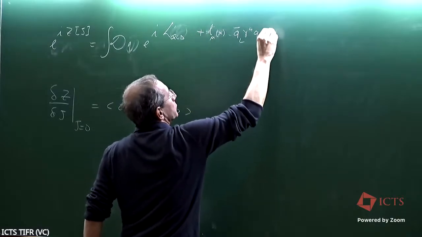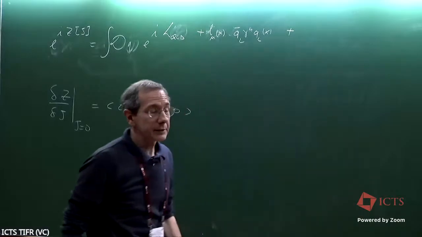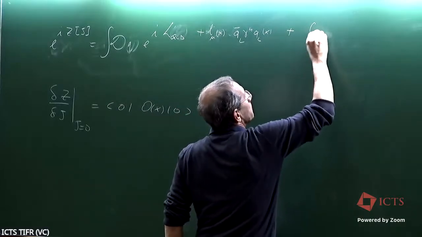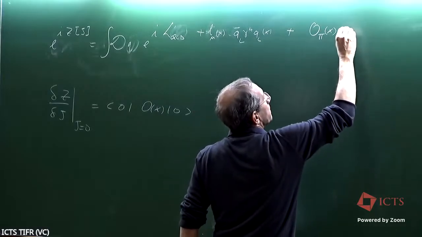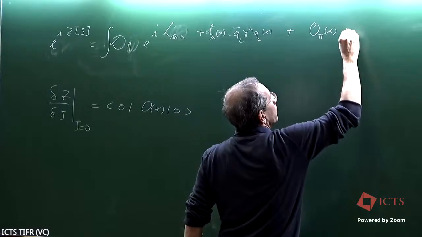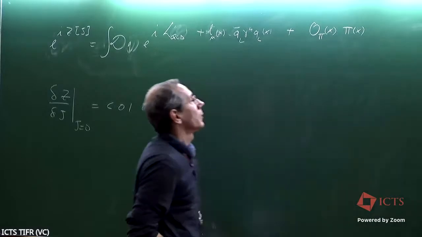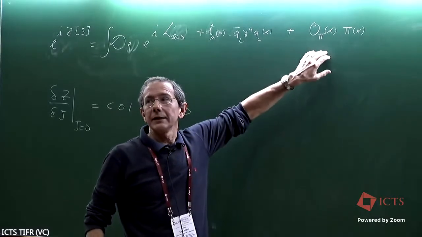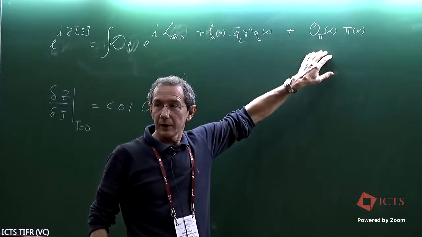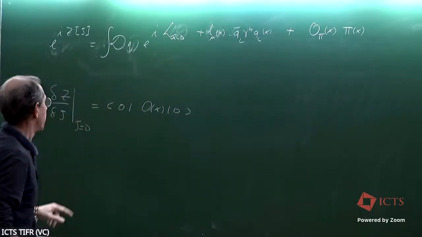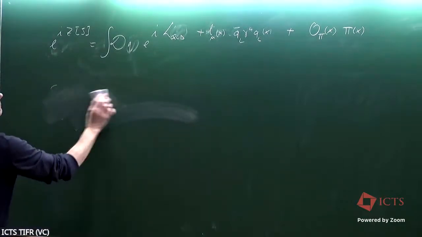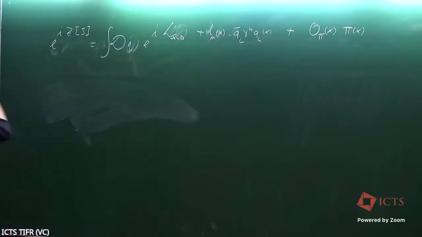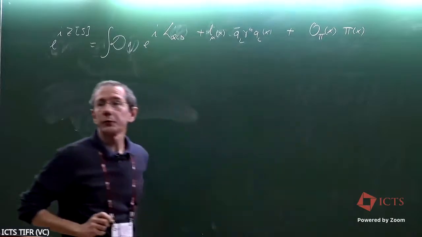And this is associated to this curve. But then I need to put something else, like O pi of x, and another source. So this operator is the operator that I need there to create a pion. So I'm adding an extra term here, which has to be a source for the pion field.